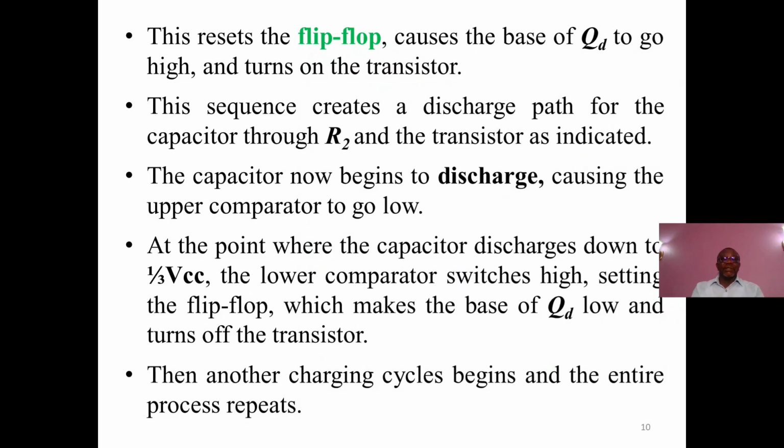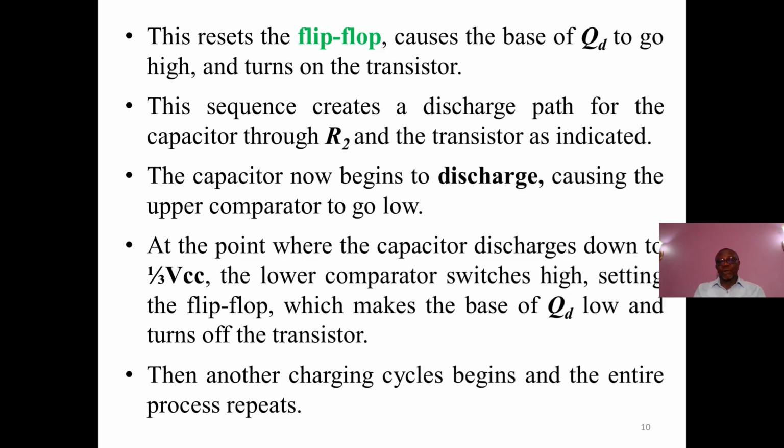waveform. So when this happens, you will now see that you have output between the time the voltage is 1/3 of VCC and when it is 2/3 of the VCC.